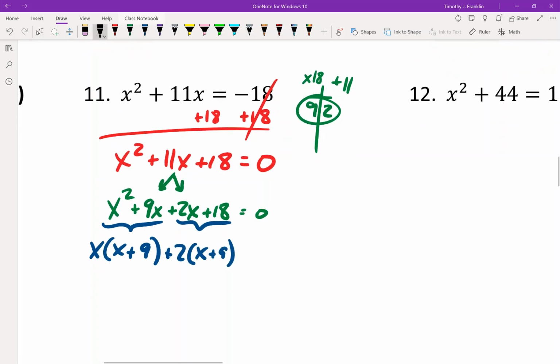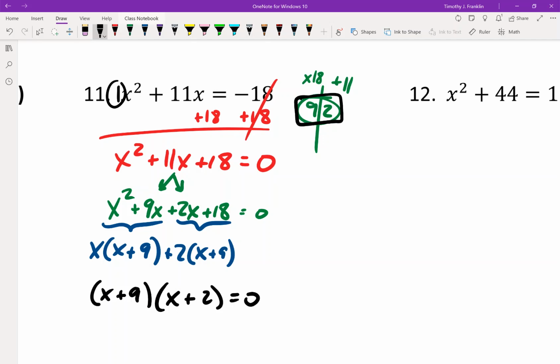So our factored form here is x plus 9 and x plus 2, which, remember, when you have a leading coefficient of 1, which we do, these two numbers that you find will be the two numbers that show up in your factors. So we could skip a lot of this work and go straight to the factored form, but for the notes, I'm going to write down the whole process here just so that everyone's clear with what's happening.